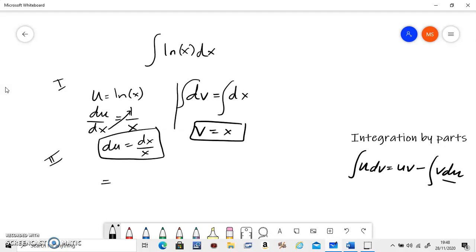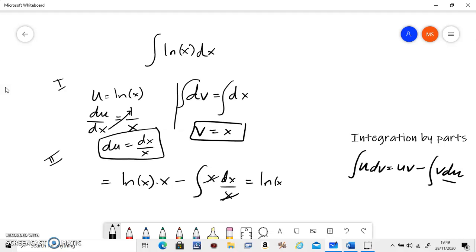Now take these results and put them on the right hand side. In place of u, you write ln x. In place of v, you write x because v is x. And in place of du, you write dx over x. And then you simplify, the x and x cancels.